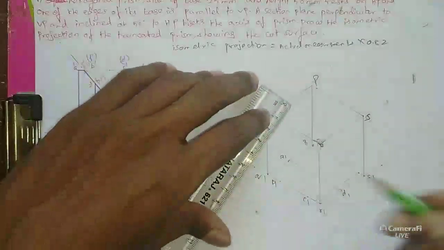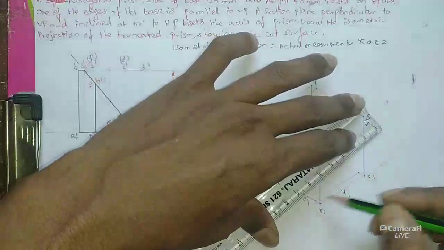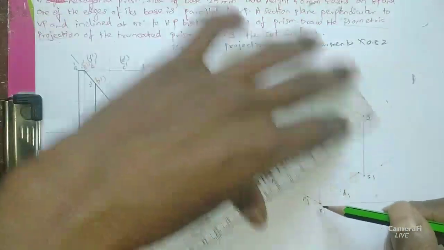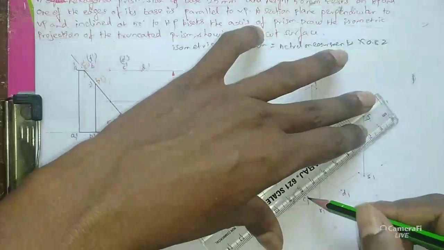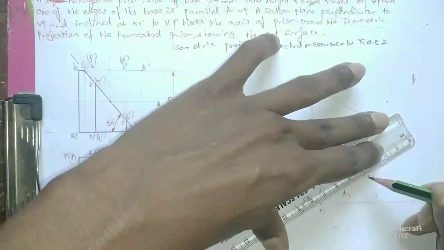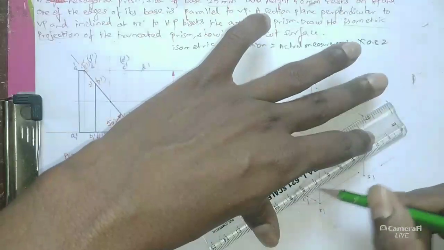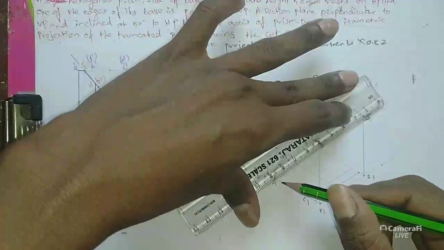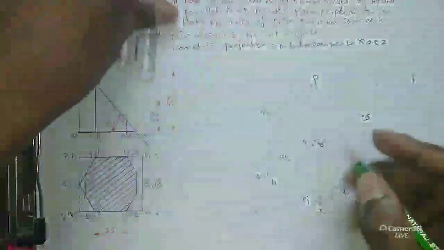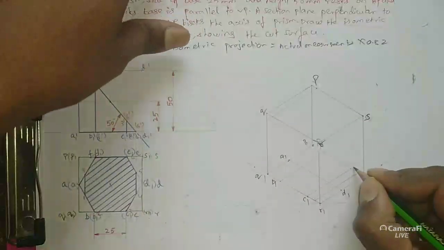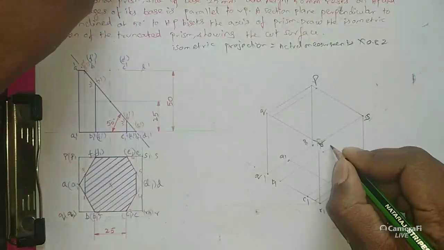Now from point B1 and C1 draw light lines. Those lines must be exactly parallel to R1, S1 or P1 and Q1. So this is point E1 and this is point F1.